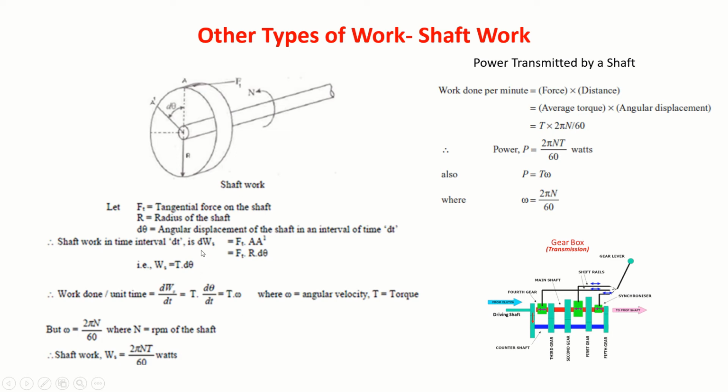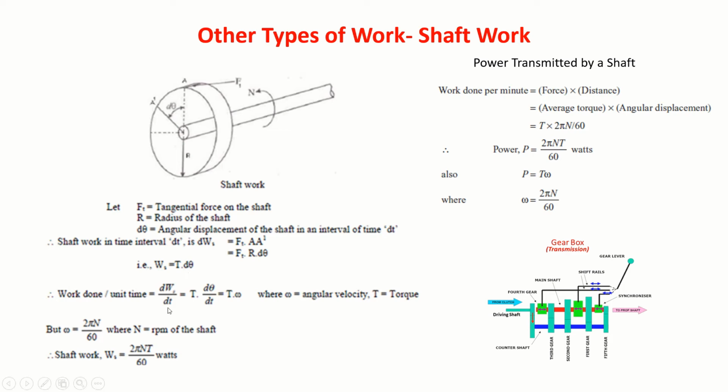So then we can say the small amount of work done, say delta Ws, is equal to Ft r d theta. You know, earlier I told you force into radius I have defined as torque. That is torque times d theta. Correct?